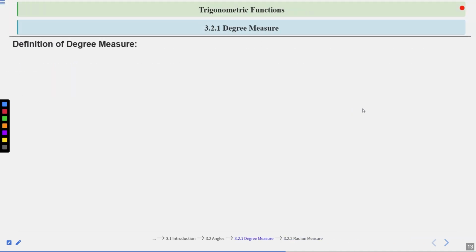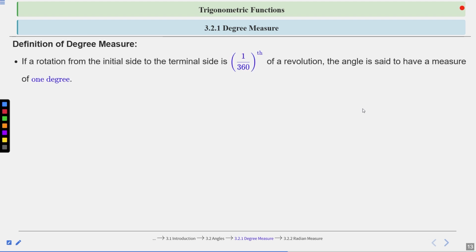Now we come to the degree measure. If a rotation from the initial side to the terminal side is 1 by 360th of a revolution, the angle is said to have a measure of 1 degree.